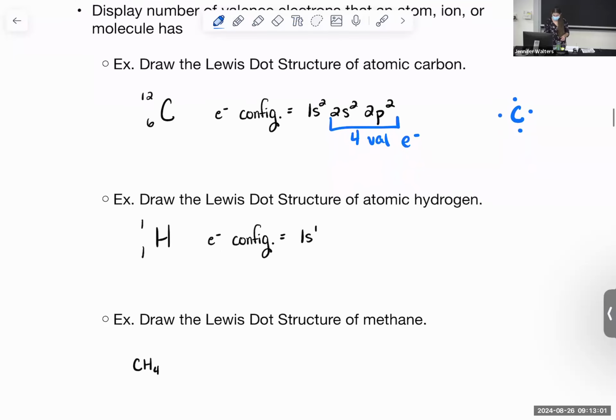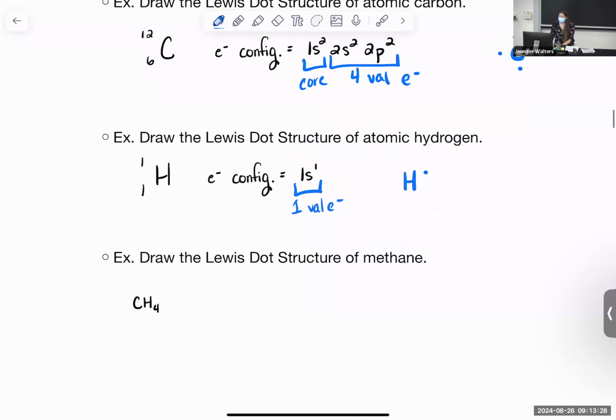Hydrogen has only 1 valence electron. It doesn't have any core electrons. Remember, core is what we call those inner electrons. All of hydrogen's electrons are valence, so it just gets shown as hydrogen with a dot.